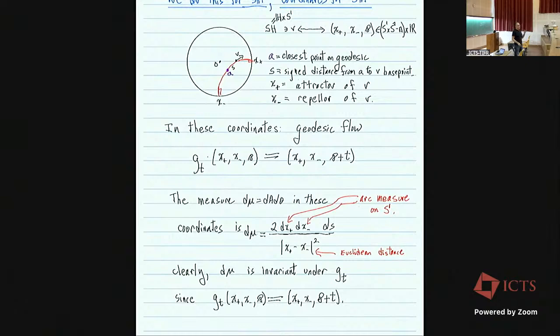It's measured exactly in the arc length on S1.